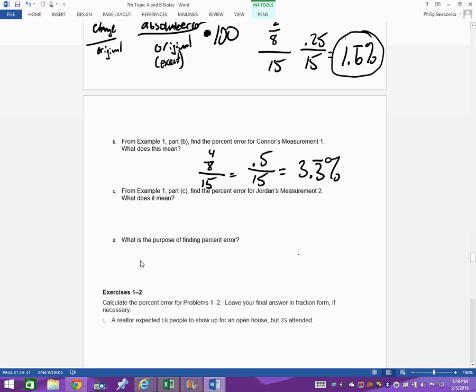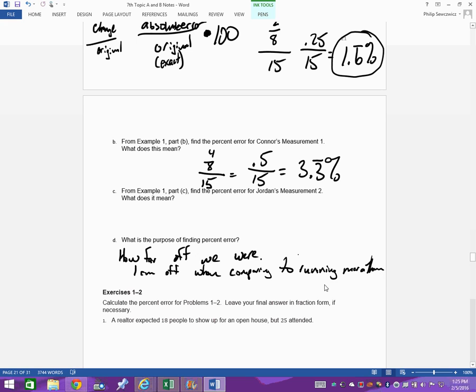So what's the purpose of finding percent error? Well, percent error lets us know how far off we really were. Okay, so here's the idea. You can be 1 centimeter off when comparing to running a marathon. All right, if you're running a marathon, it's a long distance there.